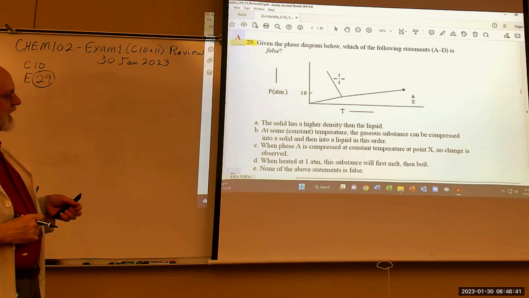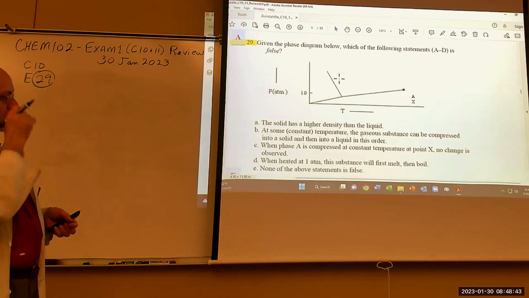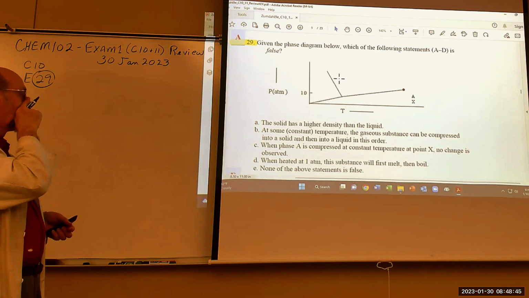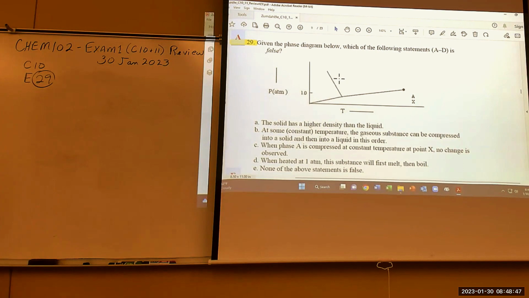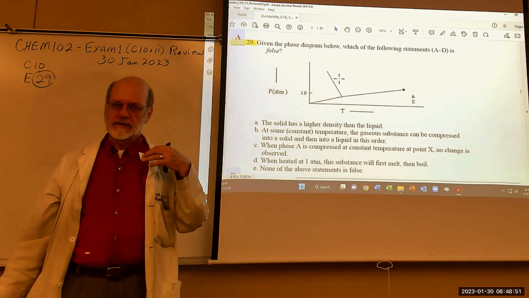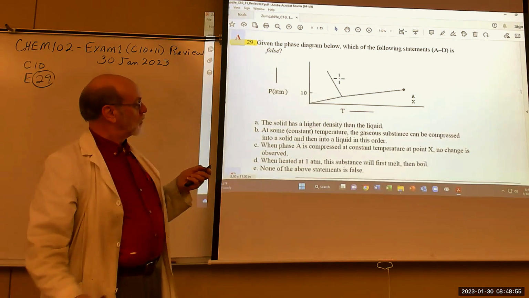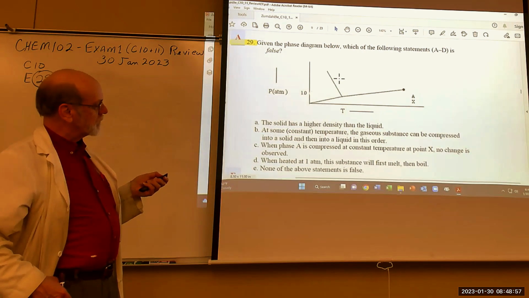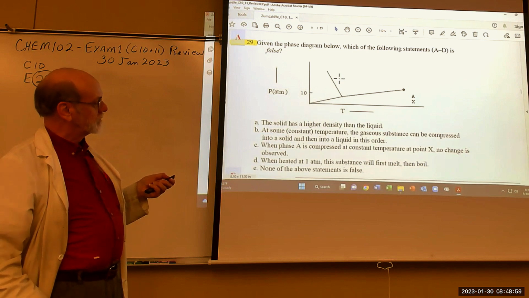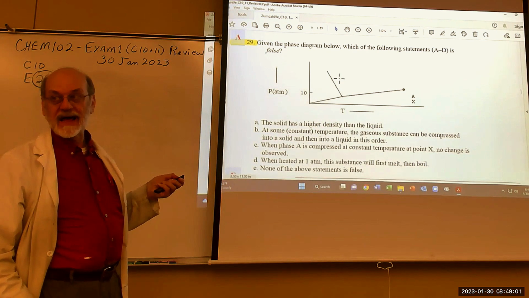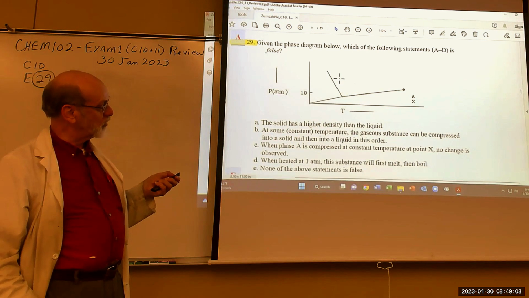The solid has a higher density than the liquid. Okay, this one's kind of a tricky question. Most phase diagrams for pure substances will give you a solid-liquid phase line that has a positive slope, goes this way.